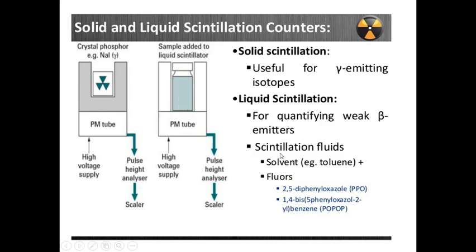This scintillation fluid consists of solvent and the fluorescent material, or fluors. Normally toluene is used as a solvent, and this solvent is not excited by the ionizing radiations, but it is able to capture the electrons only, and the fluorescent molecules are able to get excited and produce photons, or light.